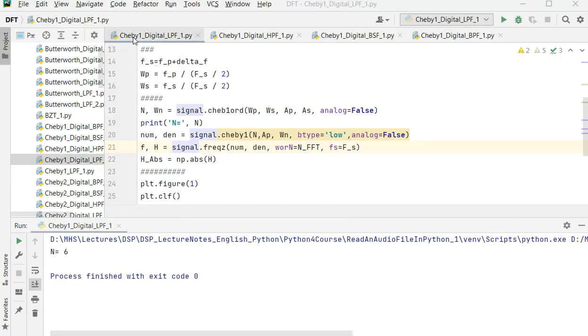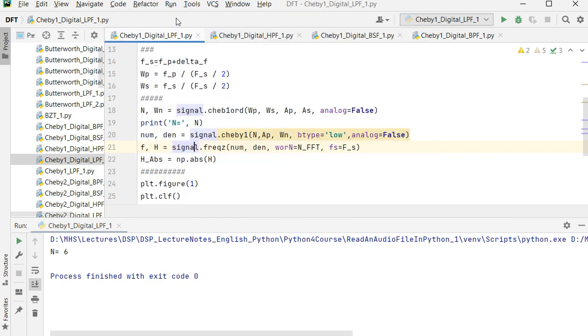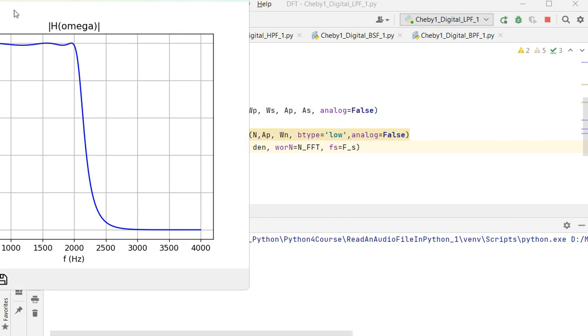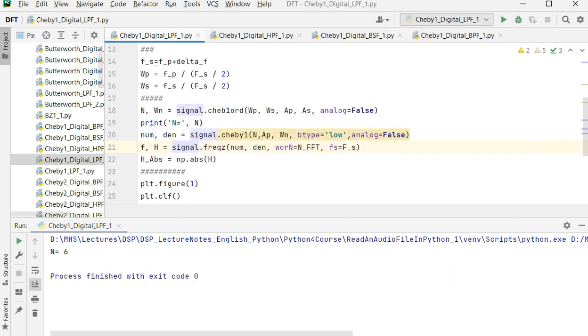Okay, running Chebyshev 1. The degree of the filter is equal to 6. And here you see the ripple in passband, no ripple in stopband, passband frequency, and delta F 400 has been reported.